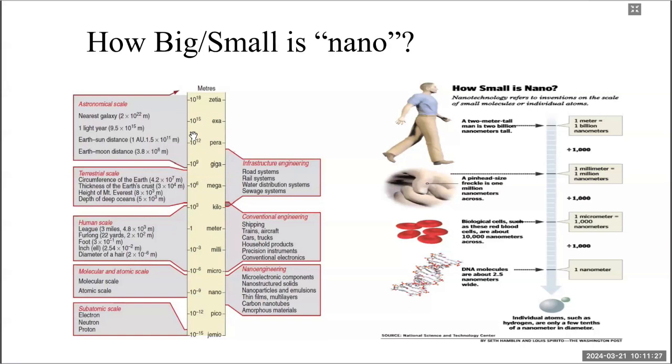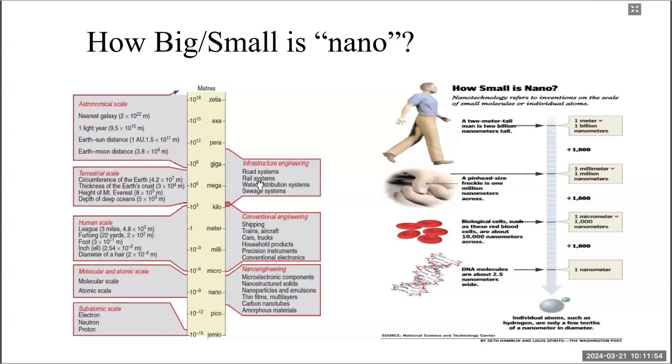So you can think of the thickness of the Earth's crust, the height of Mount Everest, the depth of the ocean. These are terrestrial scale. That means you can sense that it's present inside the Earth, but it is smaller than the astronomical scale, which is very big: the light year, the galaxy.